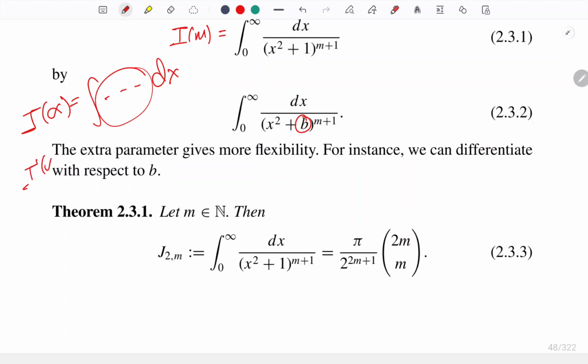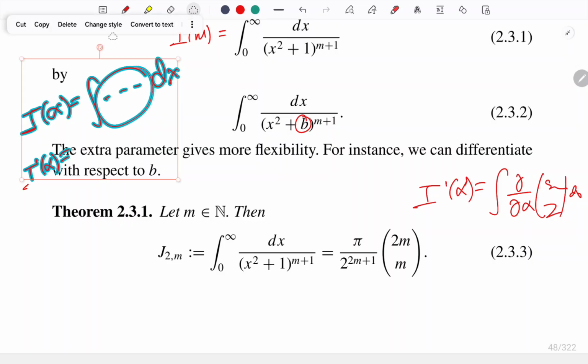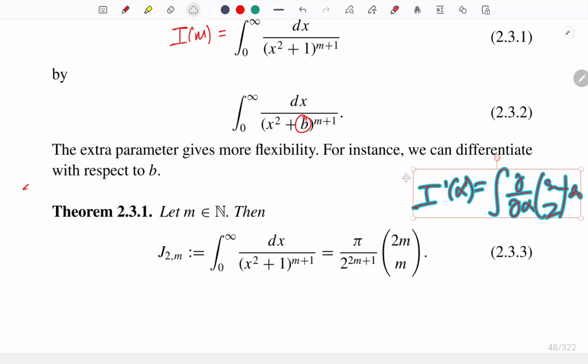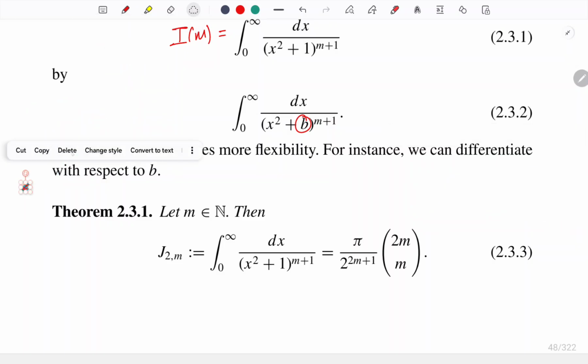So I prime of alpha is just the partial derivative with respect to alpha of this function, dx. I hope you are familiar with that. So let's just differentiate.